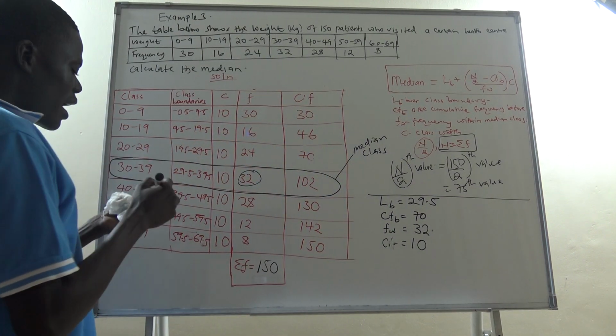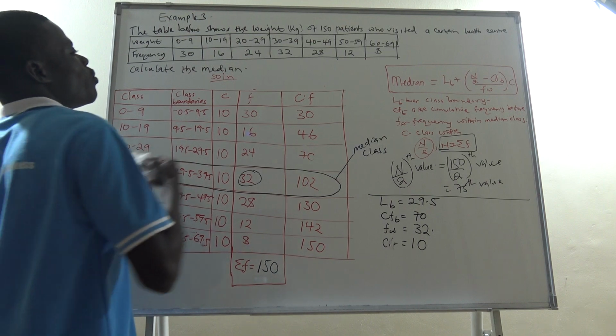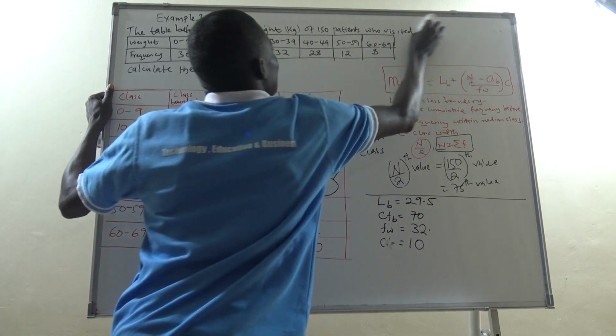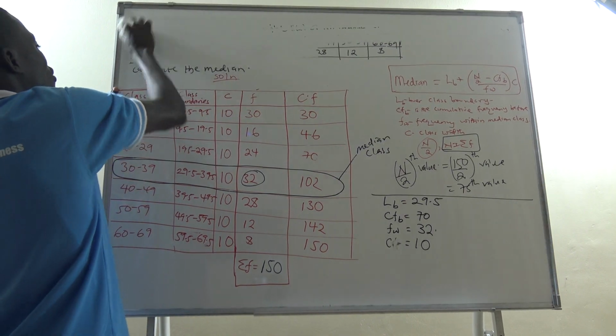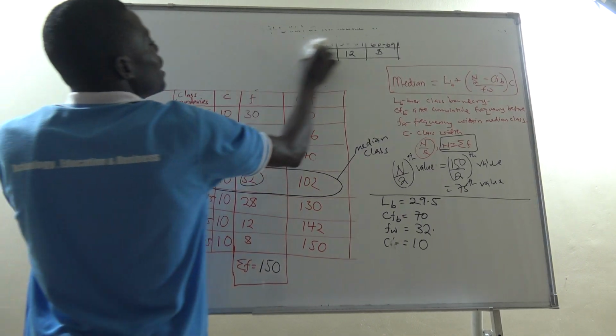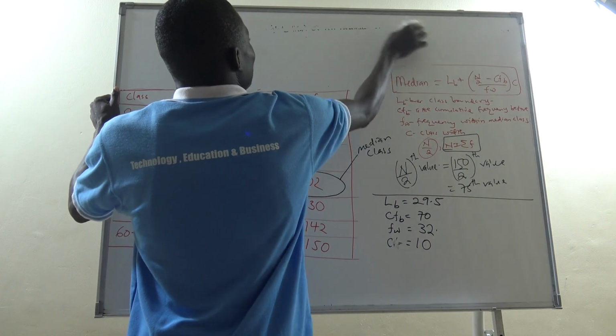So after identifying all those items which you want, the next thing is substituting what you have identified into your formula and getting your median, as simple as that.